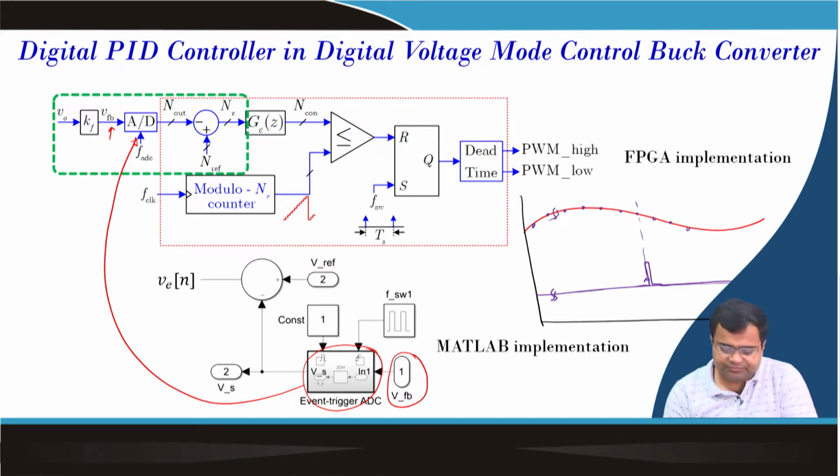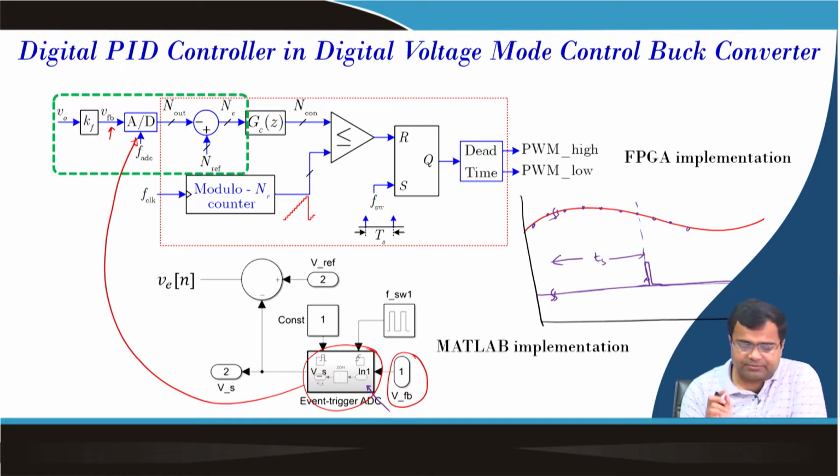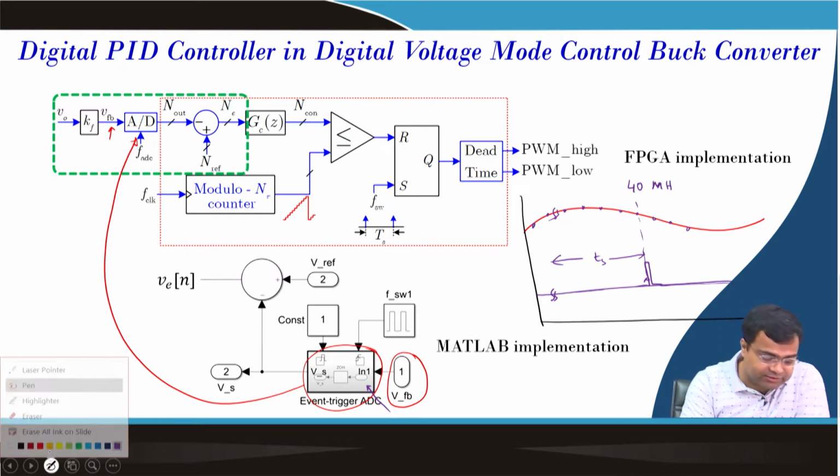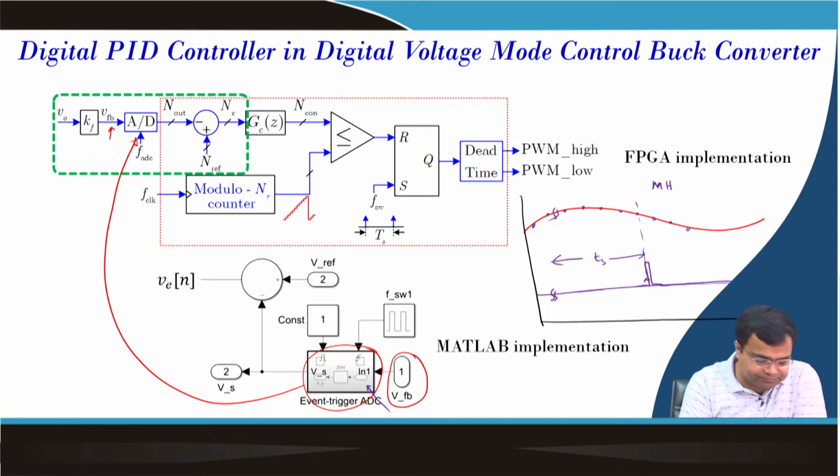Where are we capturing? Here we can introduce a delay; we have discussed that this sampling delay can be introduced to make it consistent. Since we are using a pipeline ADC, we are considering a 6 cycle delay, and we are using a 25 megahertz ADC clock, not 40. So, that is our ADC.